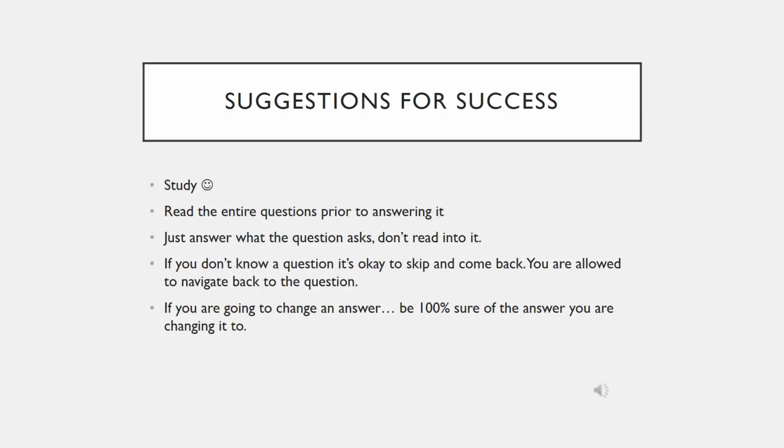If I say, what factors influence obesity among children? Well, that stem tells you that there could possibly be more than one answer. And if I'm seeing a couple of right answers, I'm going to click both of those, okay?